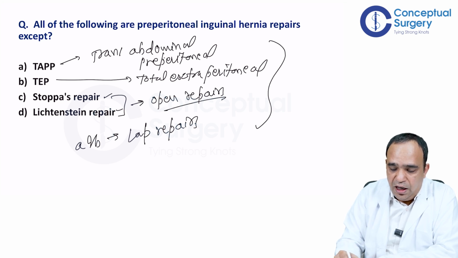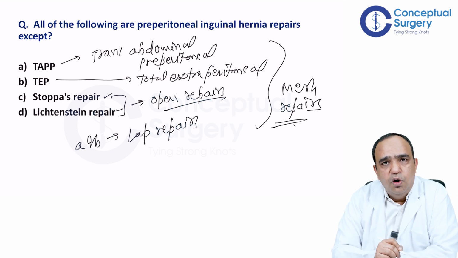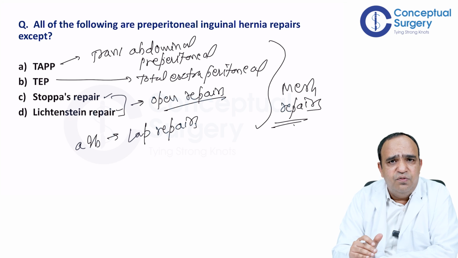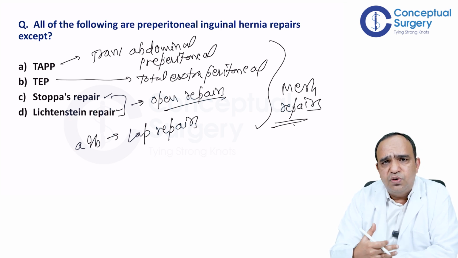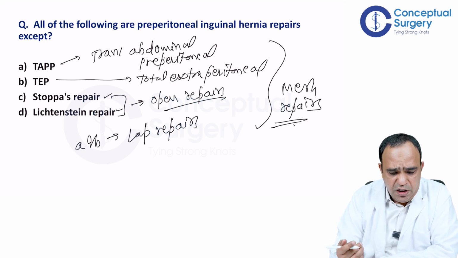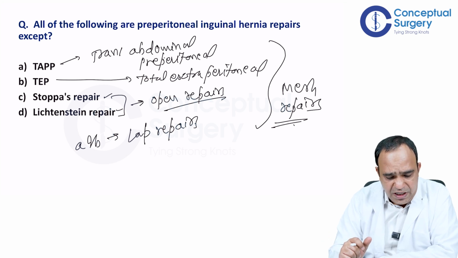They all are mesh-based repairs. A question can be asked in any way, even in your clinical classes or practical exams, a teacher can ask whether a procedure uses mesh or not. All laparoscopic repairs use mesh, and Stoppa's and Lichtenstein's also use mesh.